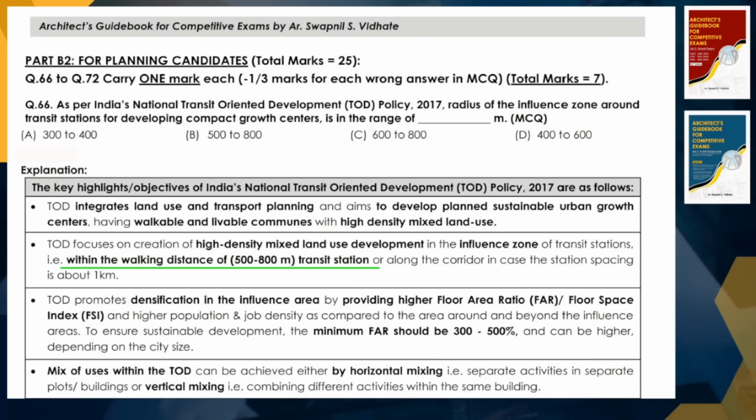So these are some key highlights or objectives of India's National Transit Oriented Development Policy, TOD policy 2017. So here the correct option is option B, 500 to 800 meter.